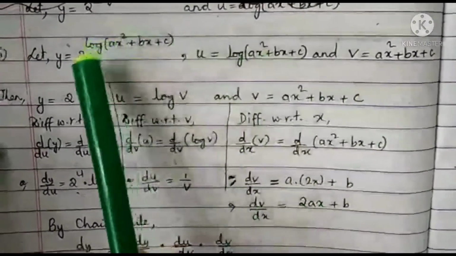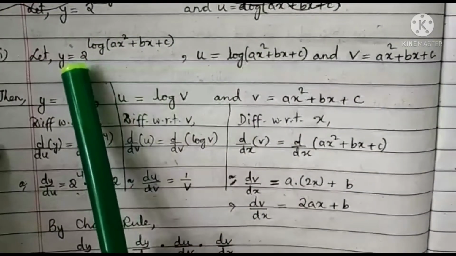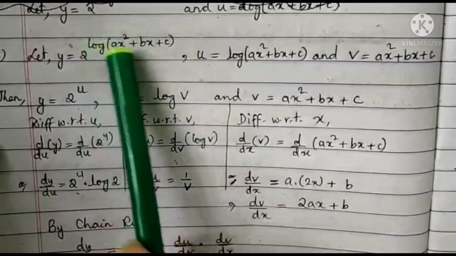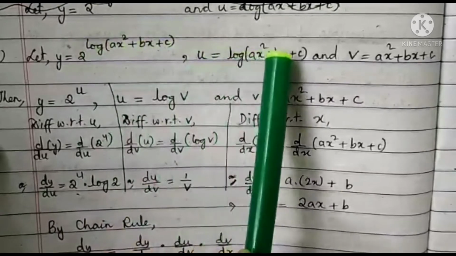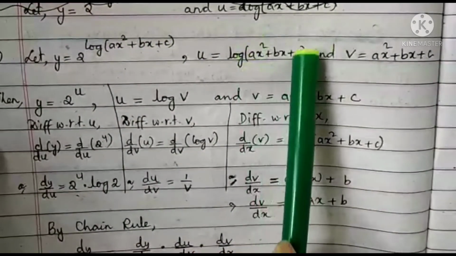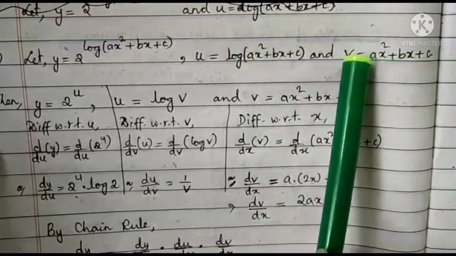Got that? Okay, so what am I doing? See, y equal to 2 to the power log of (ax square plus bx plus c). This whole power I am taking as u. And from here this ax square plus bx plus c part inside the log I am taking as v.